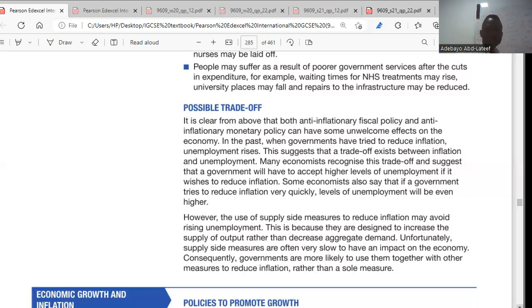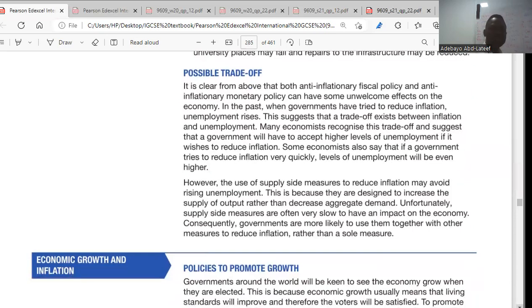However, the use of supply side policy measures to reduce inflation may avoid rising unemployment. So government should try other policies, like supply side policy, to correct inflation. This is because they are designed to increase the supply of output rather than increase aggregate demand. Using supply side policy would only increase output for firms.